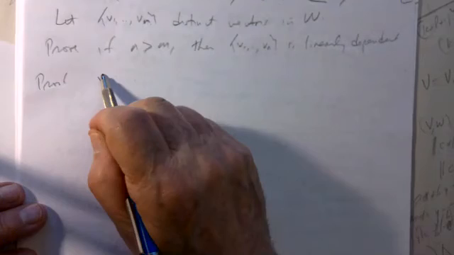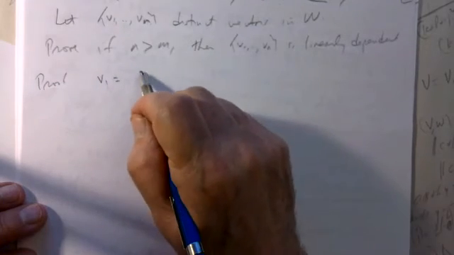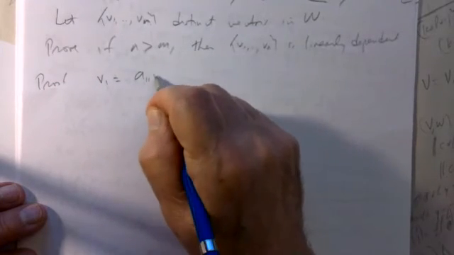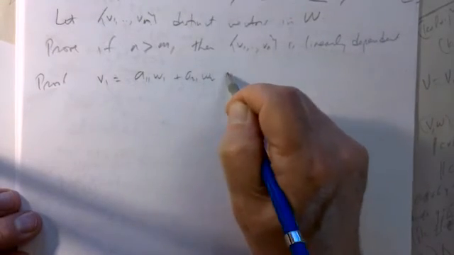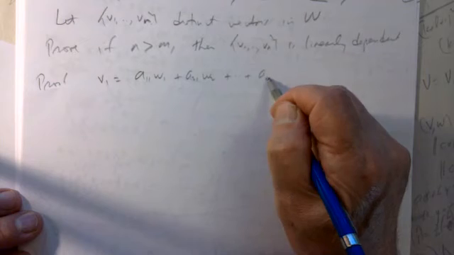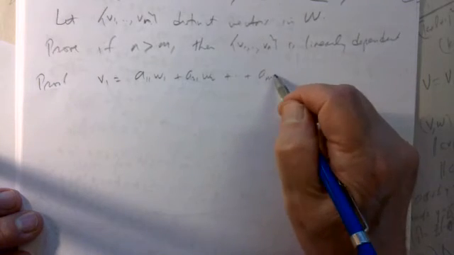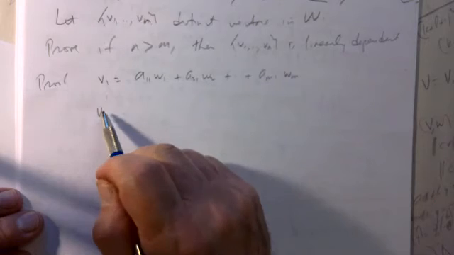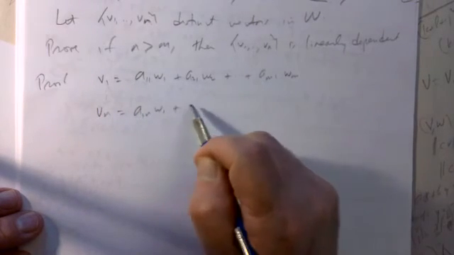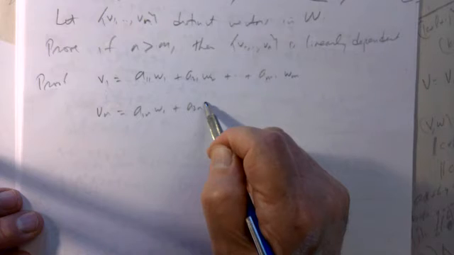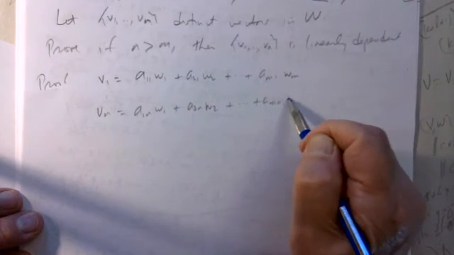So for example, v1 is some linear combination a11 w1 plus a21 w2 plus up to am1 wm, and so forth. vn is a1n w1 plus a2n w2 up to amn wm.